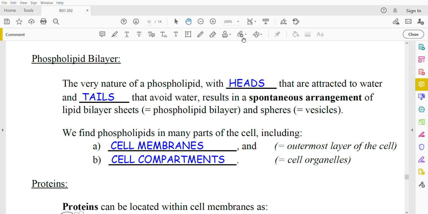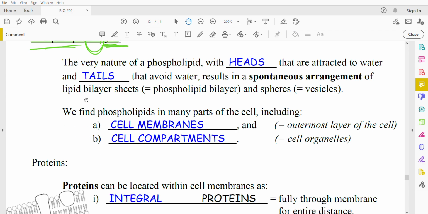We also discussed the phospholipid bilayer, the concept, how they spontaneously arranged themselves into 2 layers made of phospholipids, just because of the characteristics, the nature of the different parts of a phospholipid.